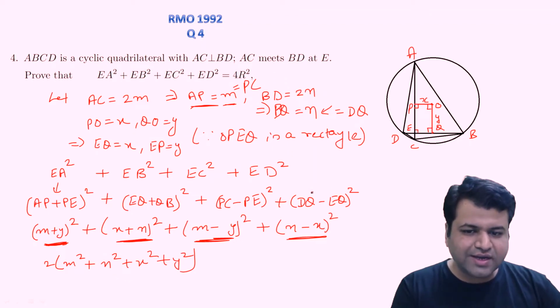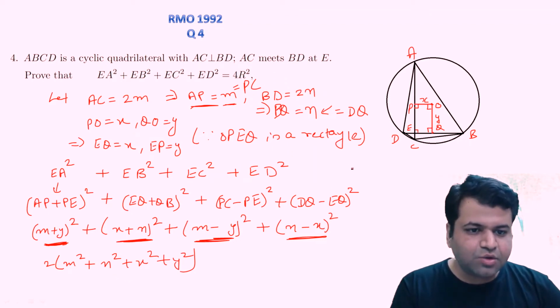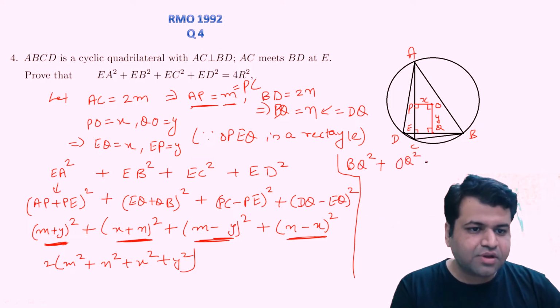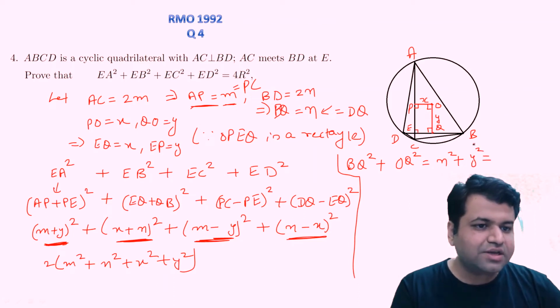So as you can clearly see, BQ square plus OQ square. BQ was n, and OQ was y, so n square plus y square is nothing but OB square.